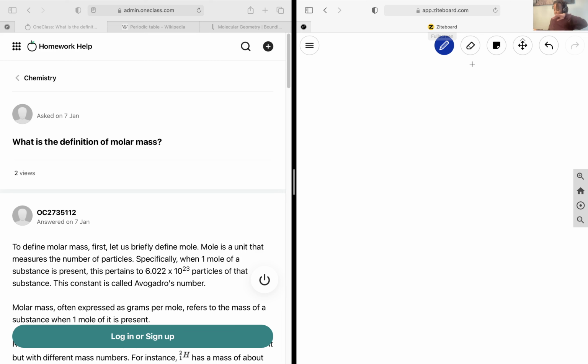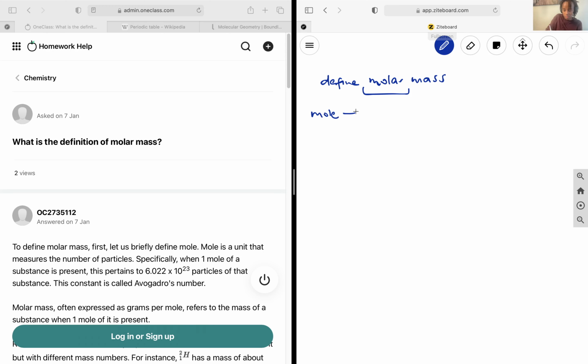Okay, for our next question, we want to describe molar mass. In the word, we can see the word molar. So let's first describe what a mole is.